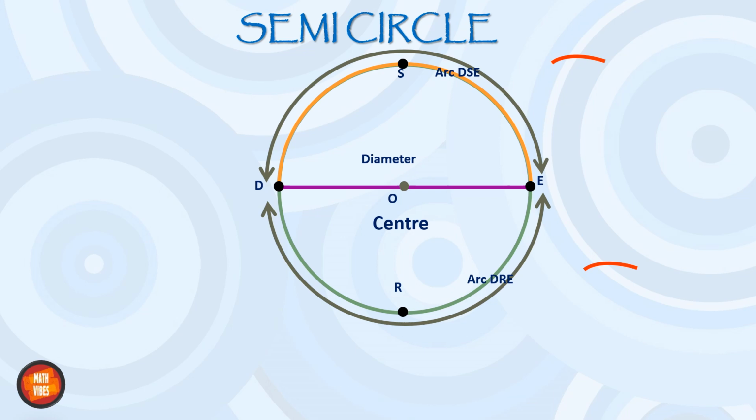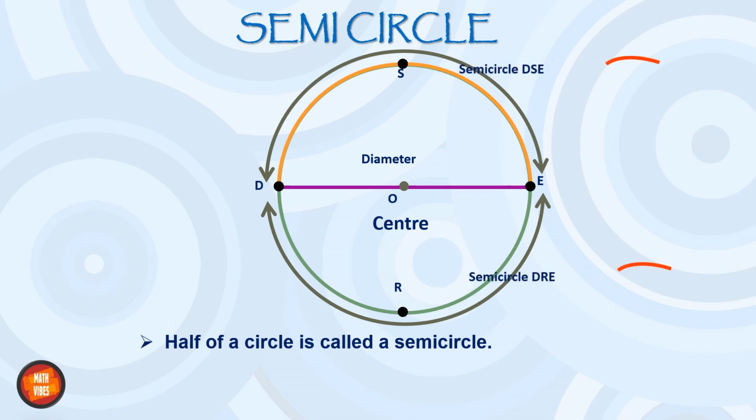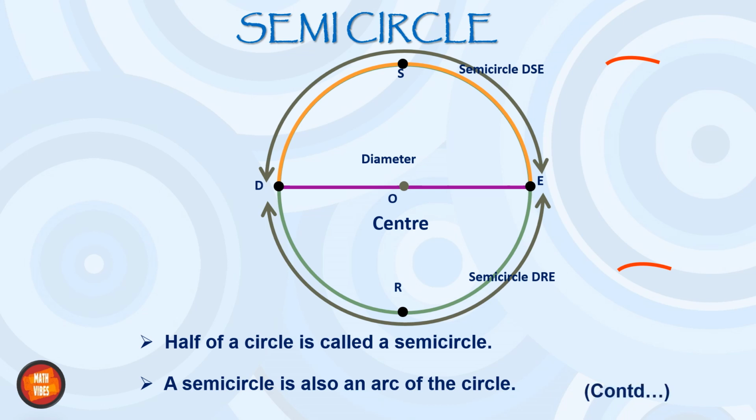So half of a circle is called a semicircle. One is semicircle DSE and another is semicircle DRE. And a semicircle is also an arc of a circle.